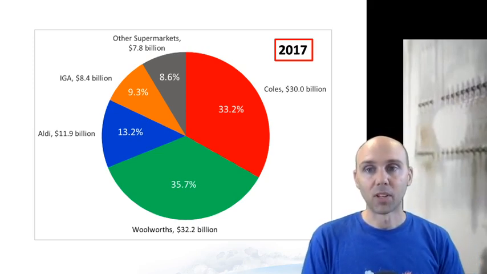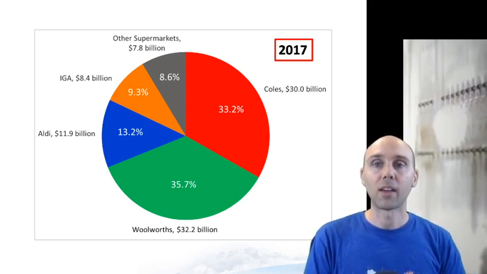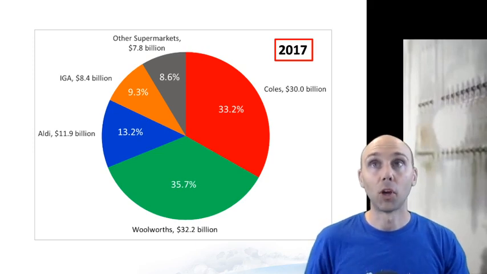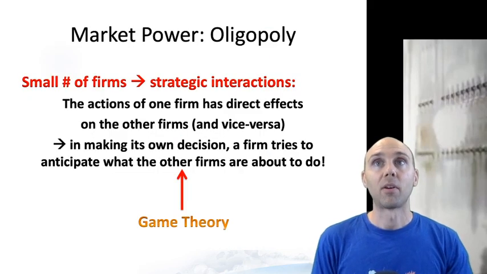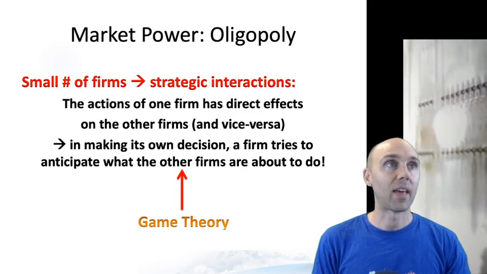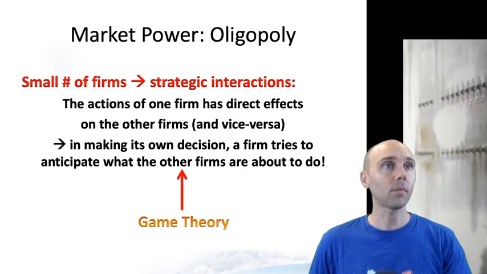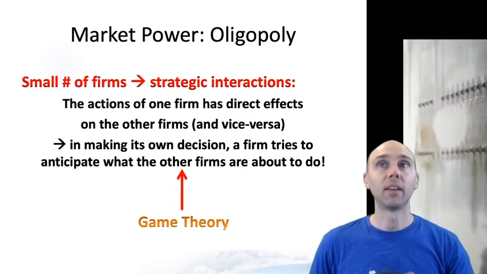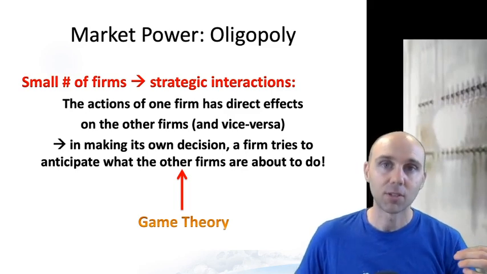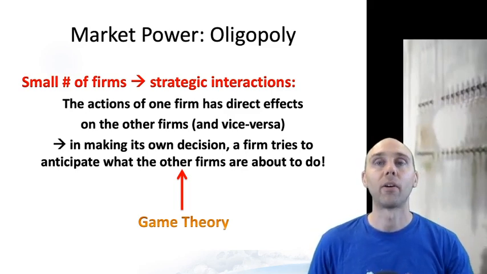Okay, so in an oligopoly, firms have market power. There are strategic interactions in that the actions of one firm affect the actions of other firms. And most importantly, a firm needs to be able to guess, to forecast, to anticipate what other firms are about to do.